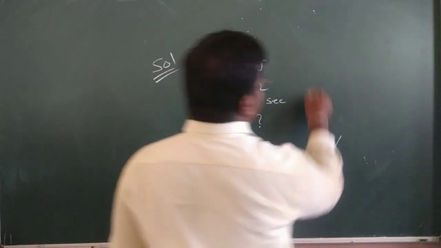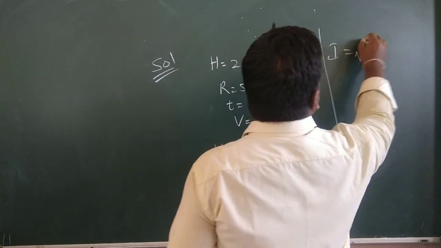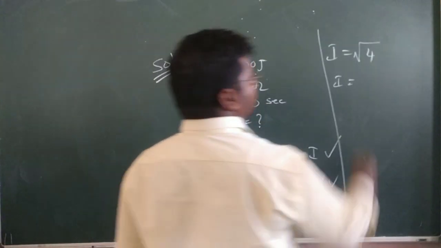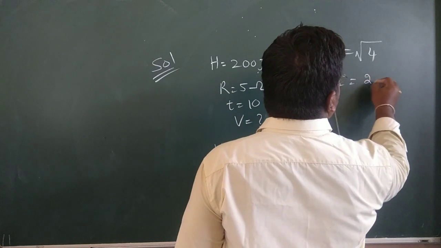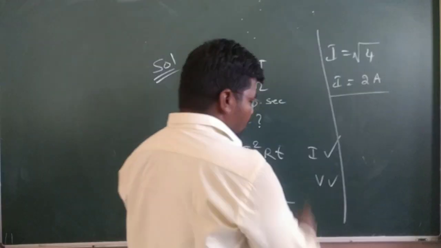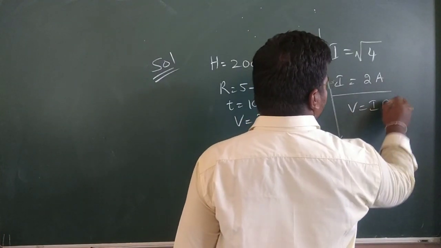I is equal to root 4, and root 4 is equal to 2 amperes. Then we find the potential difference from Ohm's law. V is equal to IR.